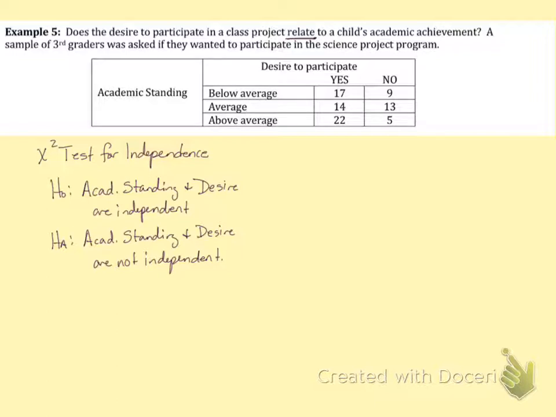So everybody, regardless of the calculator you have, has this test in their calculator. I have to first put this in a matrix. Because we have two variables here and we want to create a contingency table, we want to put this whole table in a matrix.